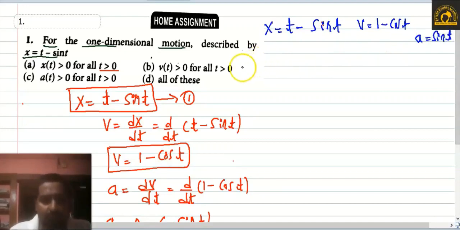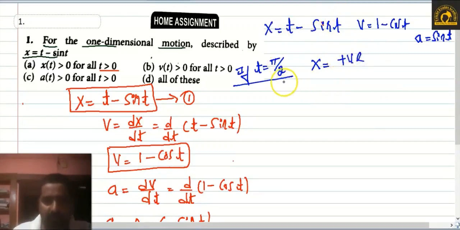Now put the values one by one, for t greater than 0. If t is equal to pi by 2, what about x? x is equal to pi by 2 minus sine 90. Sine 90 is 1, so we get a positive value.